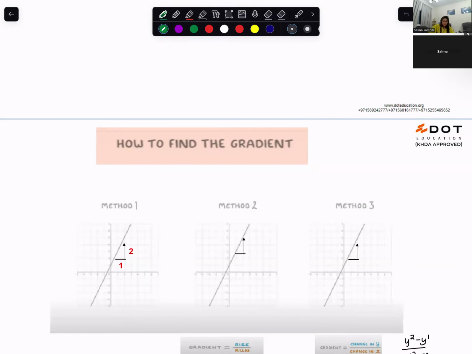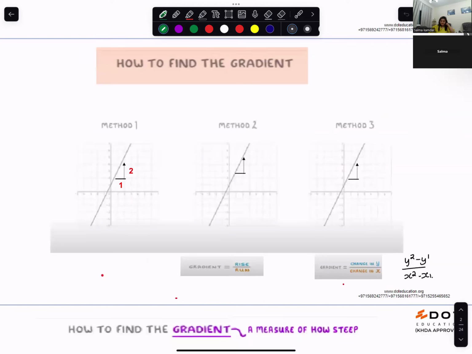Now we are going to learn what gradient is and how to find the gradient of a line. When I talk about gradient, gradient basically means the slope. There are three ways to find the gradient of a line. The first way is through the graph.